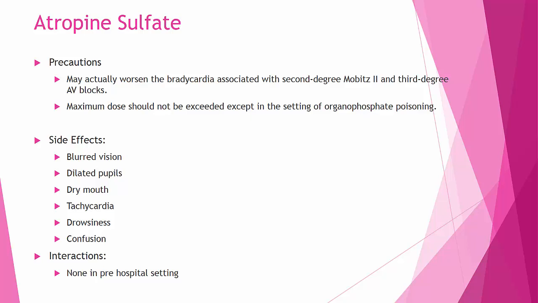Okay, blurred vision, dilated pupils, which is why it causes the blurred vision. But anyways, dry mouth, tachycardia, drowsiness, inhibited GI tract. So lots of problems here. Confusion, it's no good. Tachycardia can happen. As far as interactions, there really are none in the pre-hospital setting.